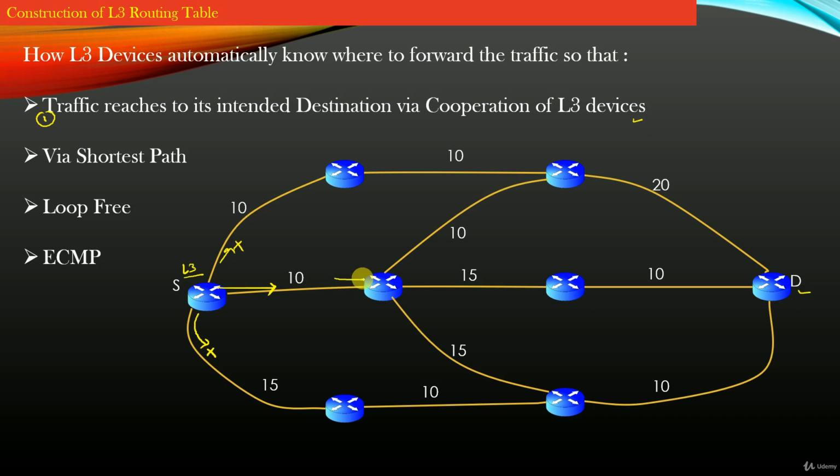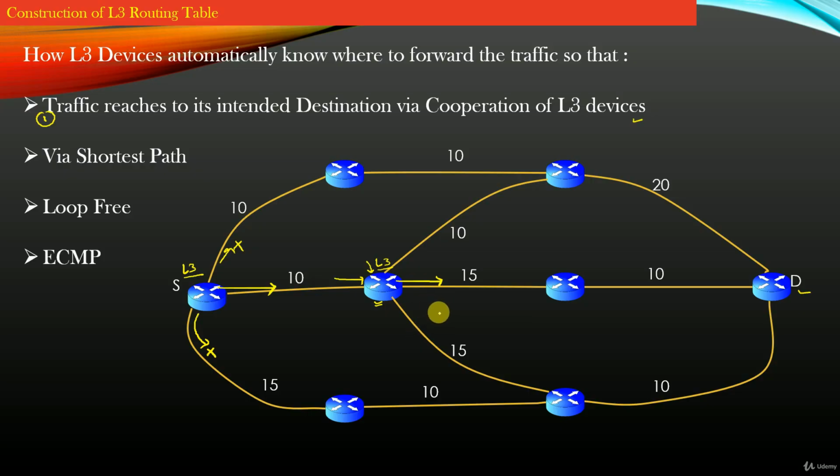Similarly, when this traffic reaches this particular router, this router again must have an L3 routing table entry which dictates how to forward this incoming traffic destined to router D. So this router also looks up its layer 3 routing table and forwards the traffic as dictated by the entry.